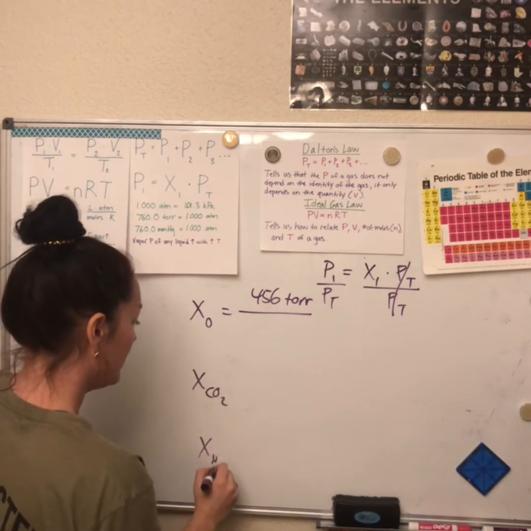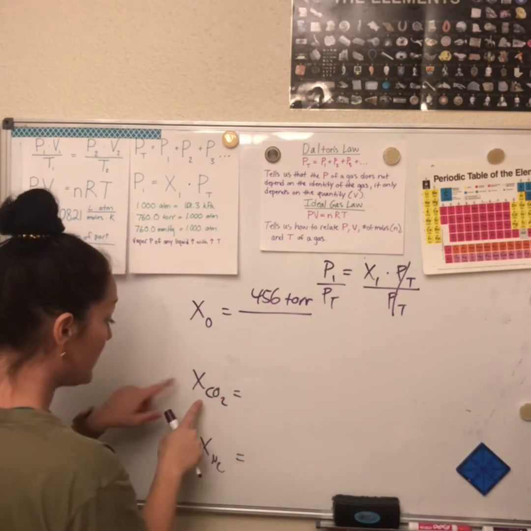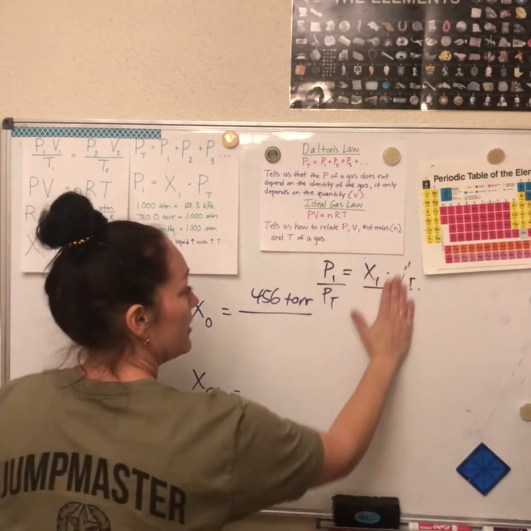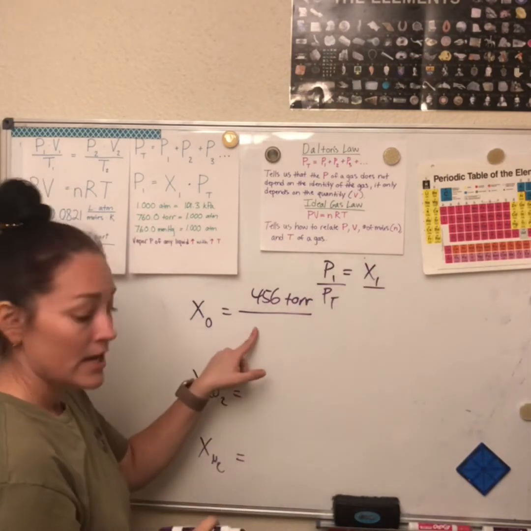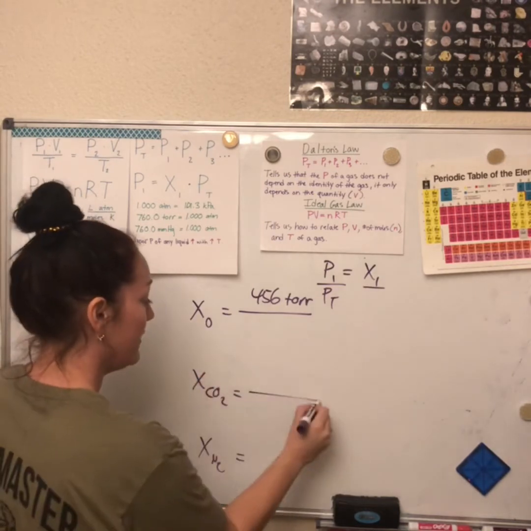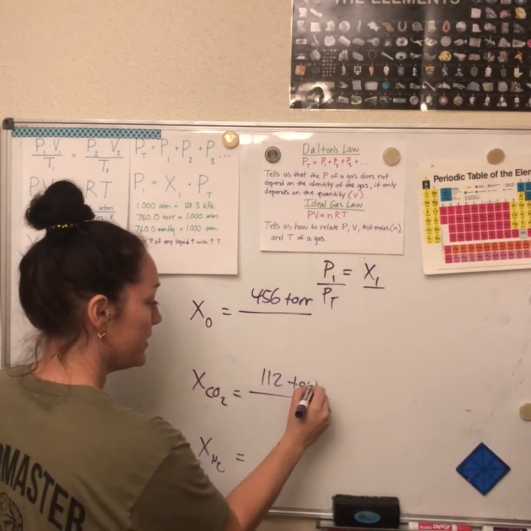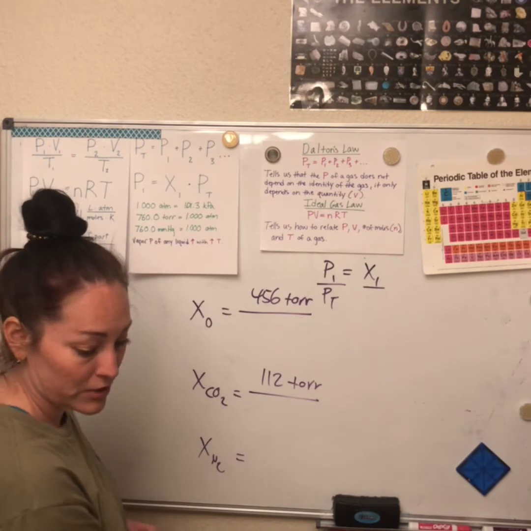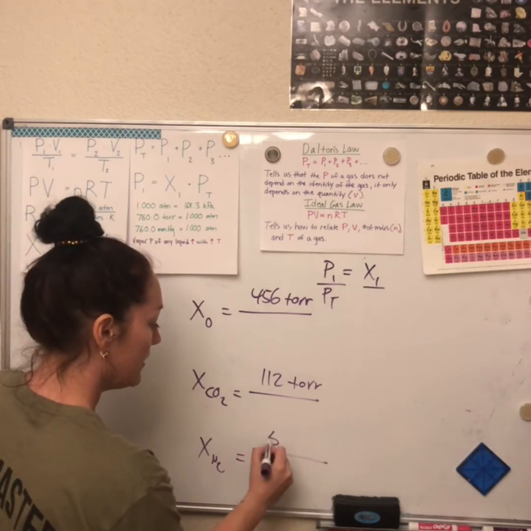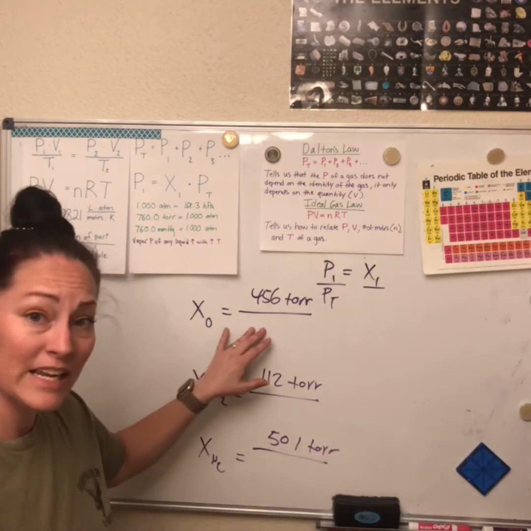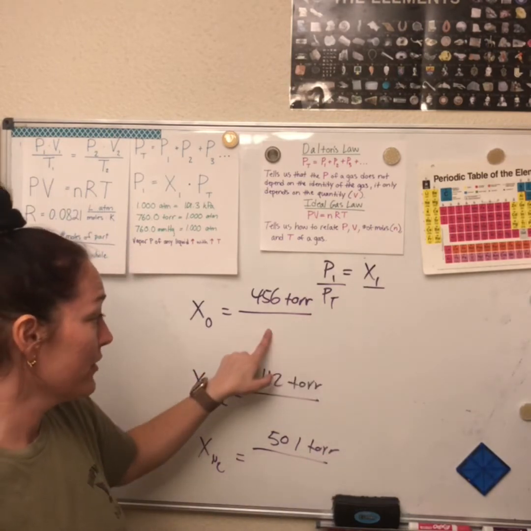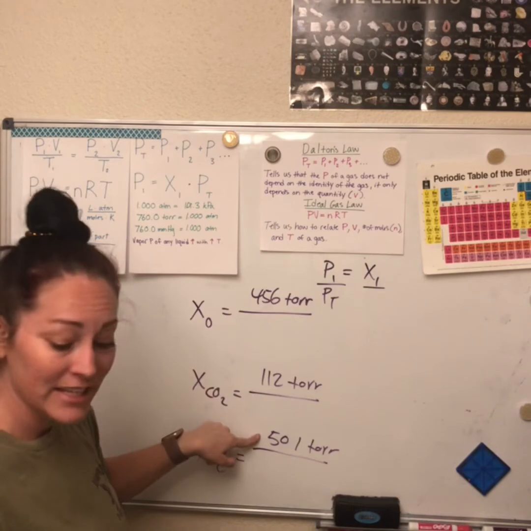and nitrogen. Okay. And the reason why I'm putting this here is because remember, when we moved that, we're left with that mole fraction. That's what we're doing. So the next one, they gave me 112 torr. These are the numbers they gave us for the partial pressures. And down here, 501 torr. The only thing we're missing is the pressure total. So really, we just have to add these numbers, okay?